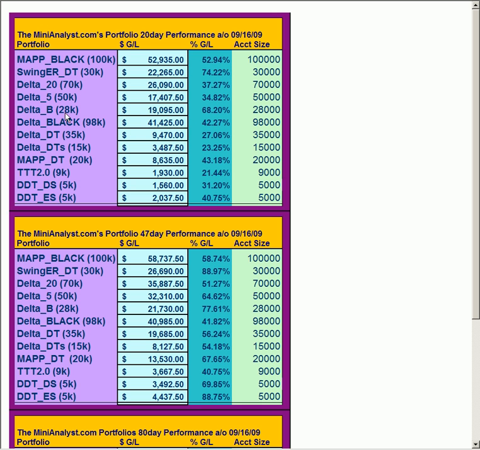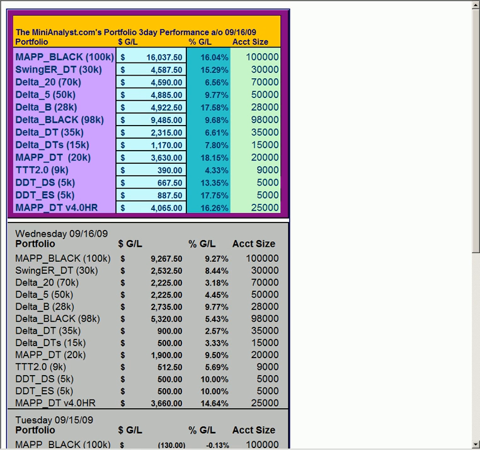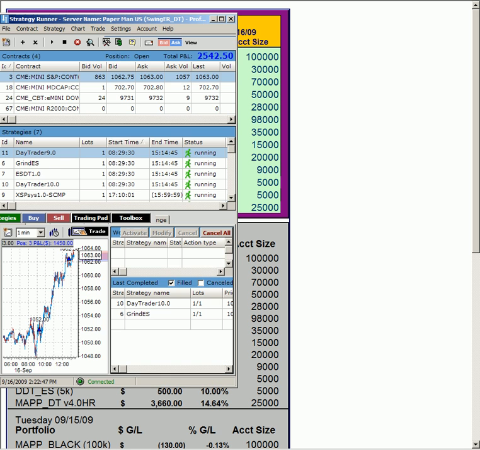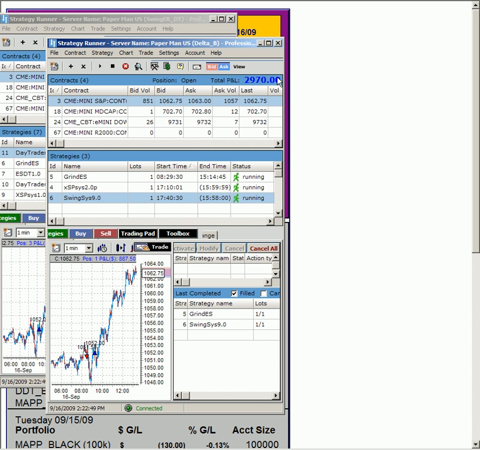Look at the Delta B there, really participating nicely in our swing systems. 68.2% return over the last 20 days for the Delta B. There should actually be, just in the last 3 days alone, actually we can look at here's today, 29.70 for the Delta B.